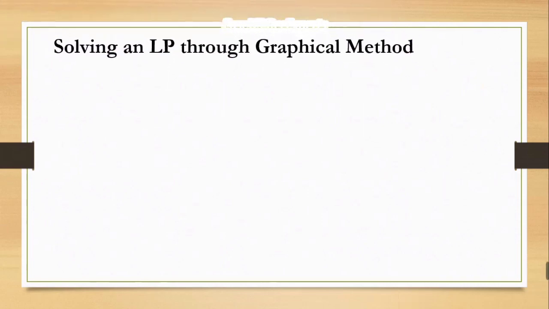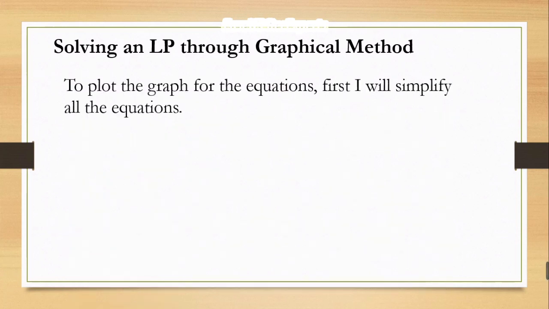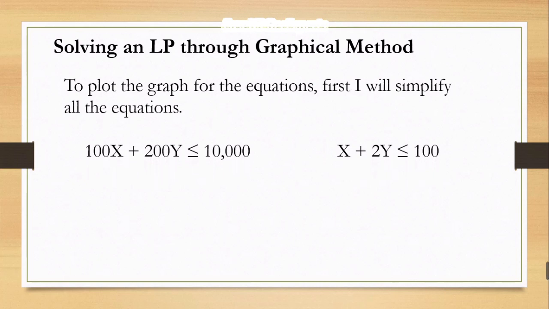Since we know that x and y are greater than or equal to 0, we will consider only the first quadrant. To plot the graph for the equations, first I will simplify all the equations. 100x + 200y is less than or equal to 10,000 can be simplified to x + 2y is less than or equal to 100 by dividing by 100.